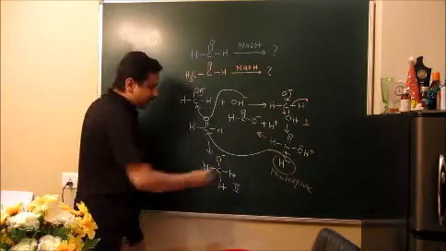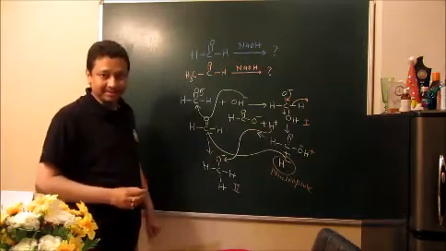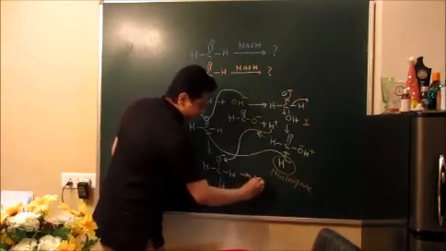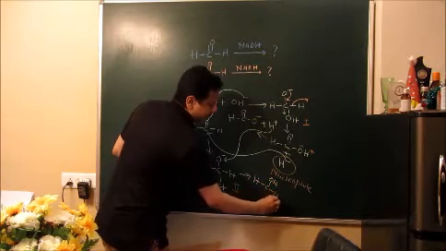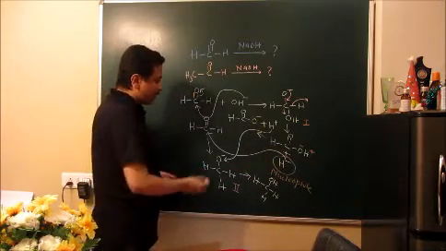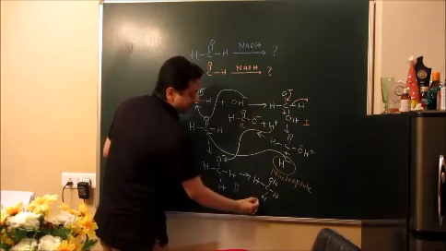As a result, this H plus will come and join the party over here, and we will get an alcohol like this. So we have two major products. This is product A and this is product B.